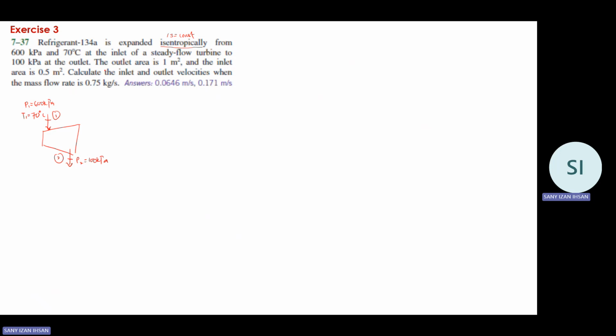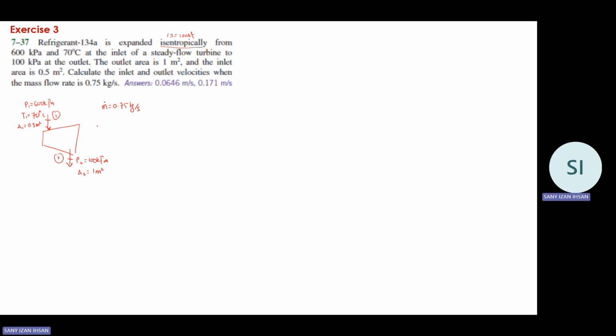Oh yeah, we are also given the outlet area. Outlet area A2 is 1 meter squared. We are also given the inlet area A1 equals to 0.5 meter squared. And then we are given the mass flow rate, m dot is equal to 0.75 kilogram per second.